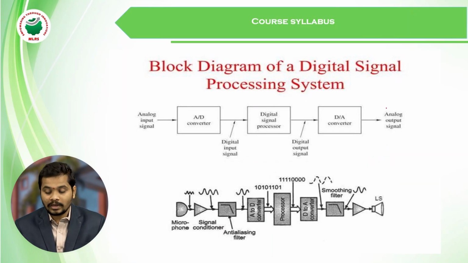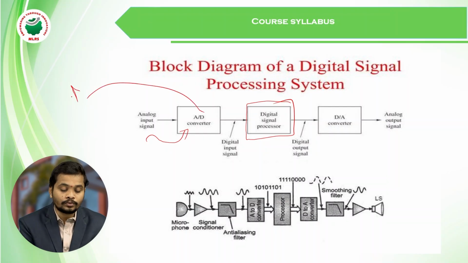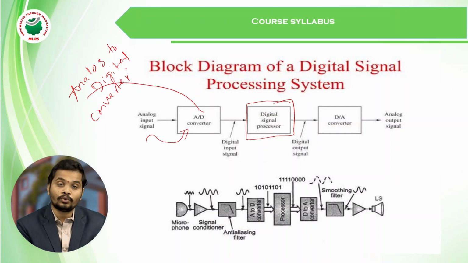This is the block diagram of a digital signal processing system. As I have told already, before giving to the digital signal processor, the analog input signal is given to the A to D converter, analog to digital converter, which changes the analog signal to a digital signal.